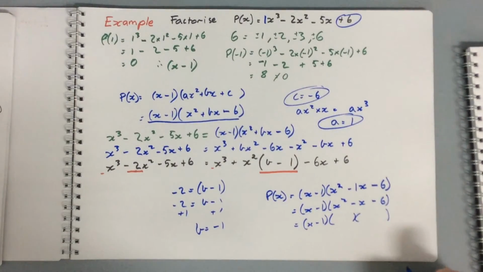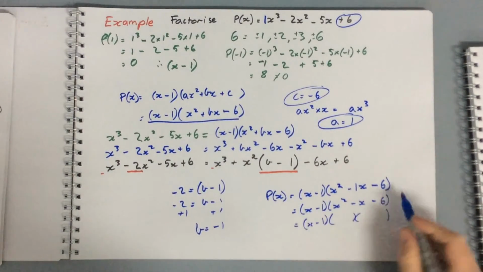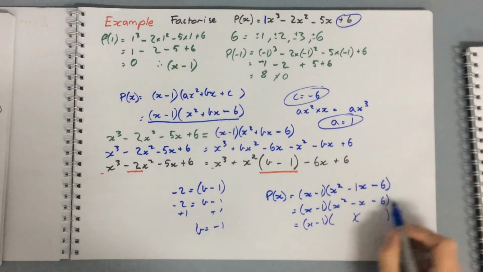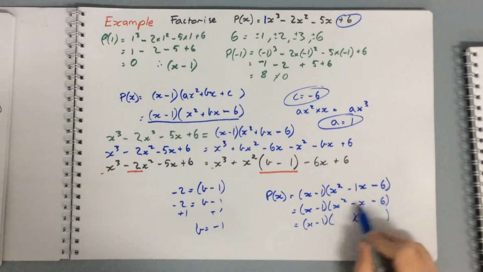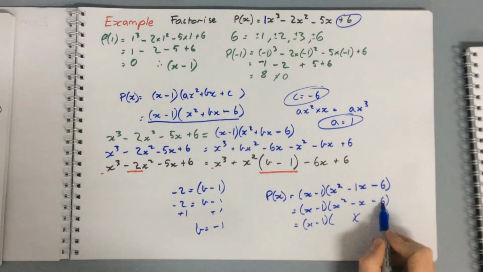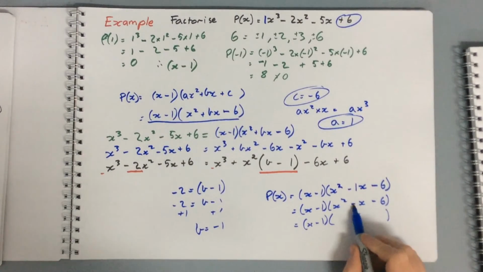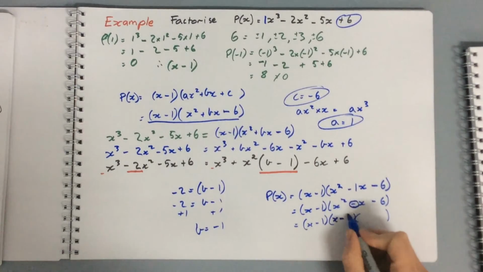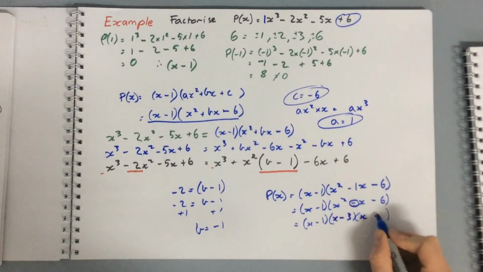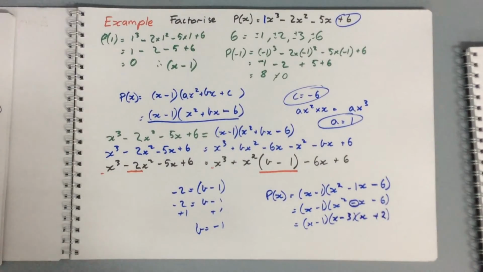No, that's not going to work. 3 and 2. So minus 3 times 2 gives me minus 6. Minus 3 plus 2 gives me that minus 1 there. So my other two factors are minus 3 and plus 2.